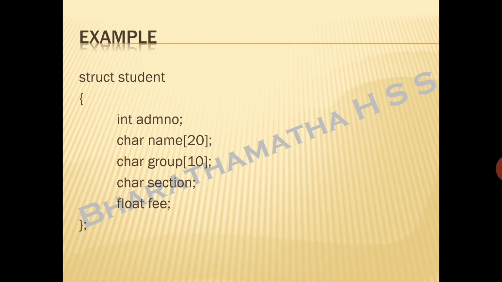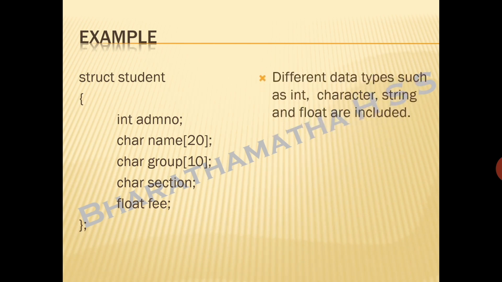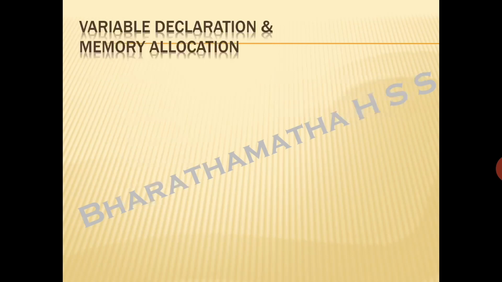Keeping a semicolon here is a must, because otherwise the error message that you will receive is that your structure is not terminated properly. So different data types such as integer, character, string and float are included in this example.